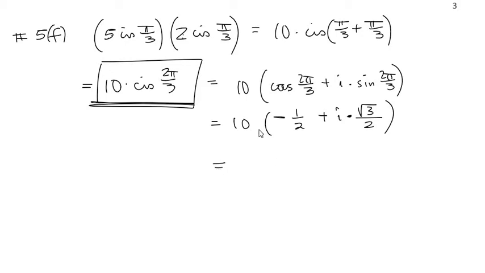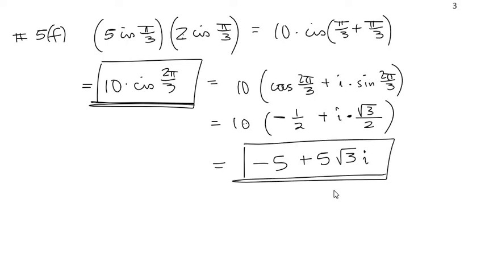And if we distribute the 10, 10 times negative a half is negative 5, and 10 times root 3 over 2, the 2 goes into the 10 5 times, and so we're left with 5 root 3 i. So here's the Cartesian form, or the a plus bi form of that answer. So these two answers are the same thing. It's just that they're different ways of expressing that complex number.